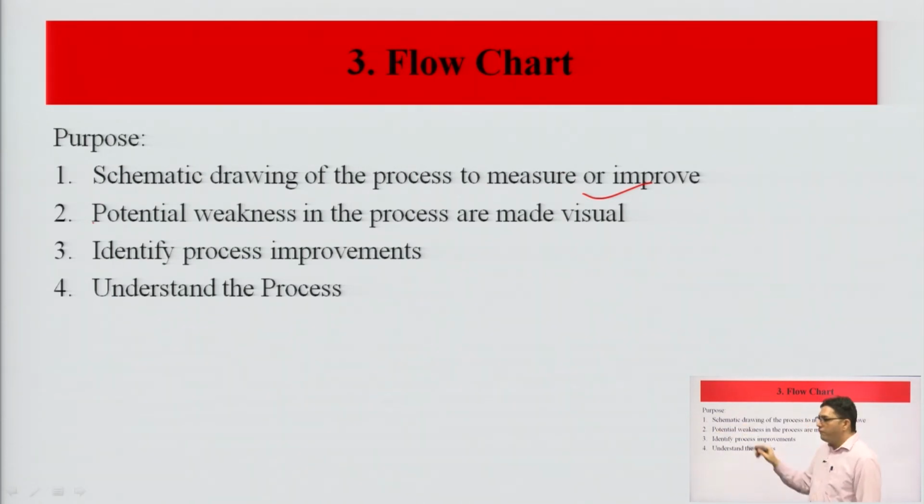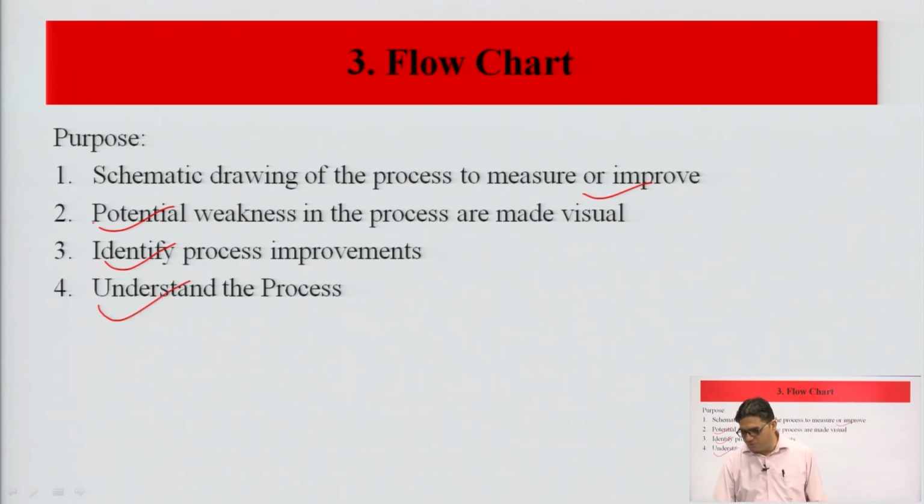Since the flow chart is visual, it is much easier to identify where the problems exist and where corrective action has to be taken. Next, it helps identify process improvement, how we can make our processes more advanced, and to understand the entire process that we have to go through.